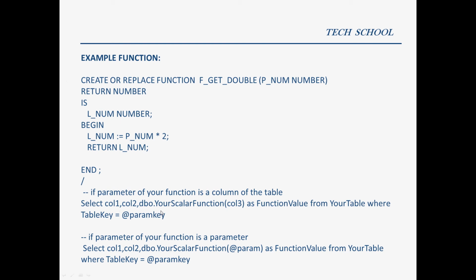Functions can be used. So the function takes a parameter, right, a number value. Usually the parameter can be a column value of a table, as the select statement is operating on the table, or you can pass any parameter. So if it is a column of the table, the syntax will be: select column 1, column 2, your function, passing column 3 or any column as your parameter to the function, as function value from table where table key equals at param key.